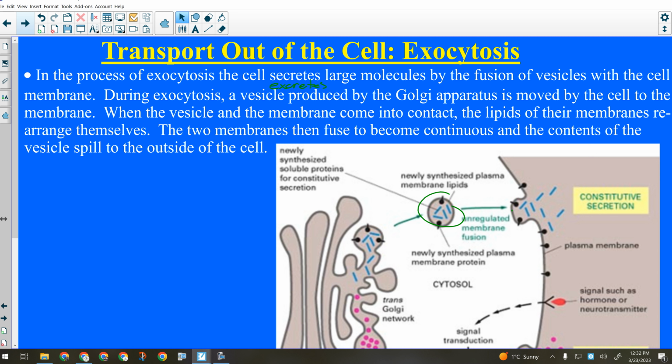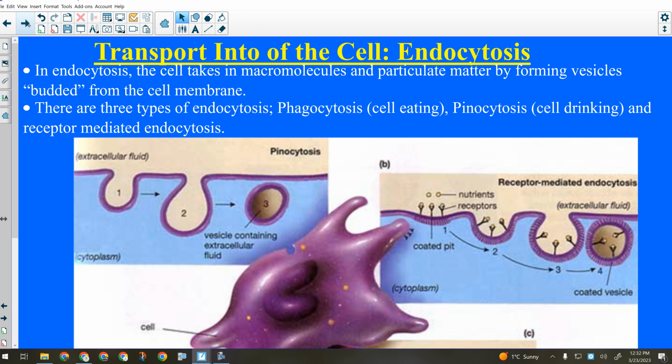There are actually three different forms of endocytosis, three different ways that things get into the cell by changing the shape of the membrane. The three types of endocytosis are phagocytosis, pinocytosis, and receptor-mediated endocytosis.